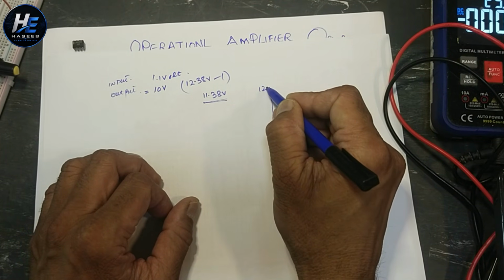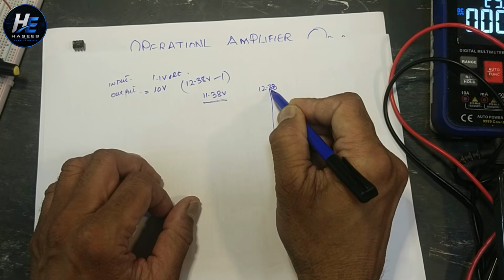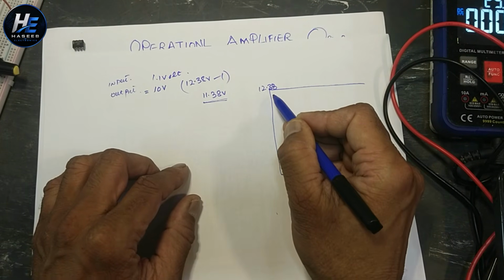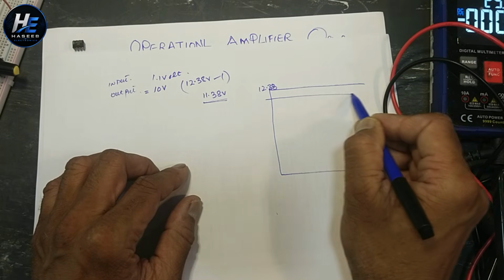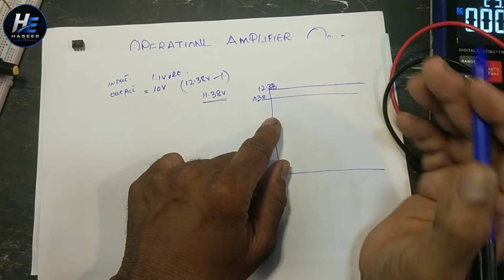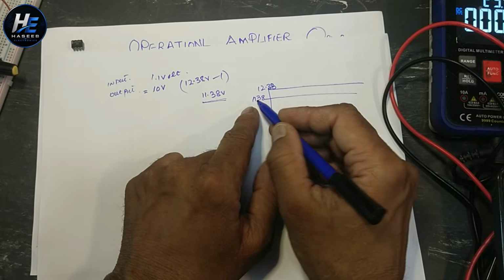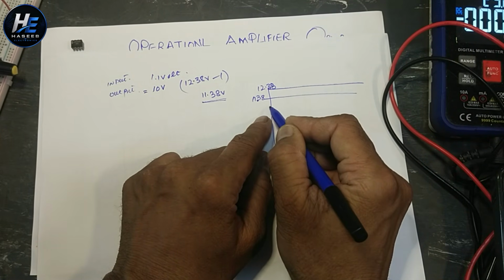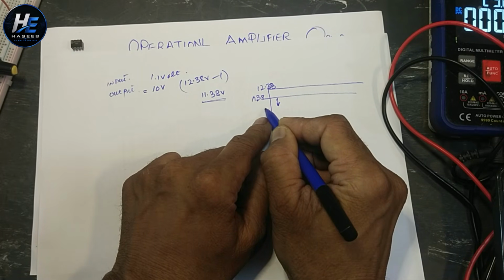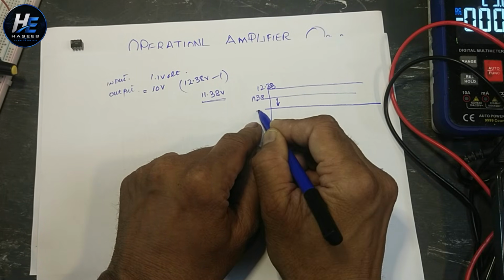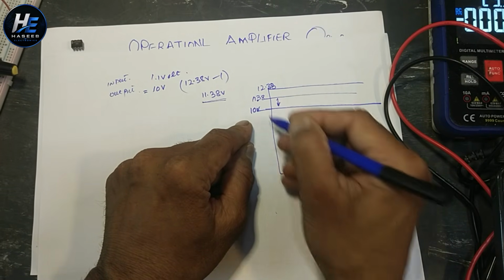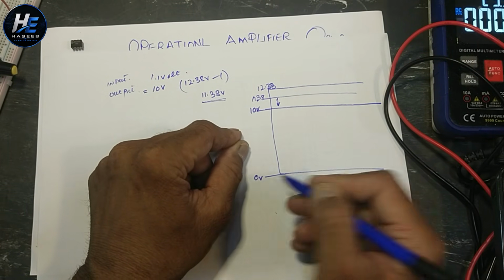This is the 12.38 volt supply line. But this IC can provide 11.38. This is the possible maximum high output, but we don't need to operate at this level. We will provide 10% headroom to the maximum output voltage, so we will operate this IC between 0 and 10 volts.